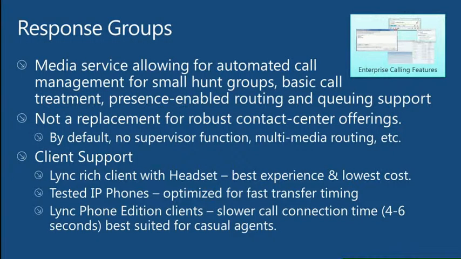So call treatment being, call comes in, do I want to play a prompt? Do I want to play music? Do I want to accept speech from that user? We support speech in 24 different languages. Do I want to be able to play automated prompts, or do I want to be able to play recorded prompts back to that user and have them enter in DTMF to find the queue? Think about press 1 for sales, press 2 for service, press 3 for support.